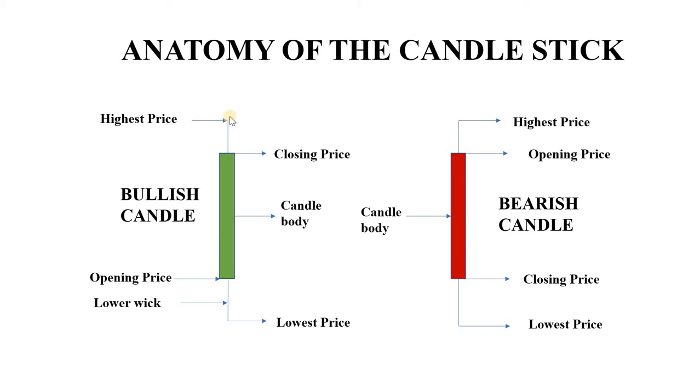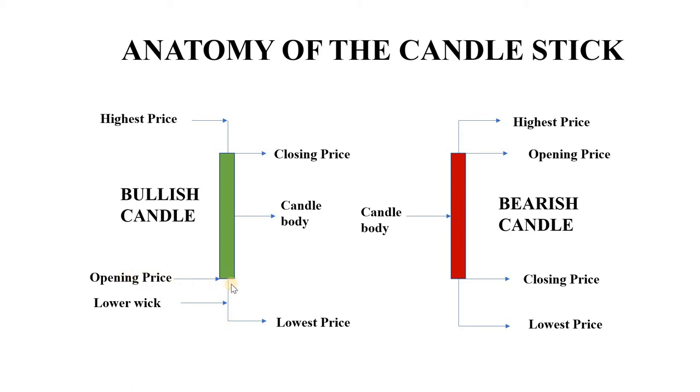Now the tip of the upper wick or the upper shadow is the highest level which price reached within a certain time frame. For example, if this candlestick is representing 1 hour, it means that in that 1 hour, this was the highest price and this was the lowest price.